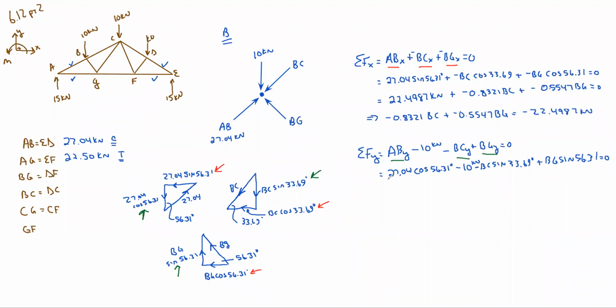These two pieces combine. When you do the arithmetic, they come out to be 4.999 kilonewtons minus BC sine 33.69 degrees, which we can actually calculate. Might be easier so we don't have to keep writing the sine piece over and over again.